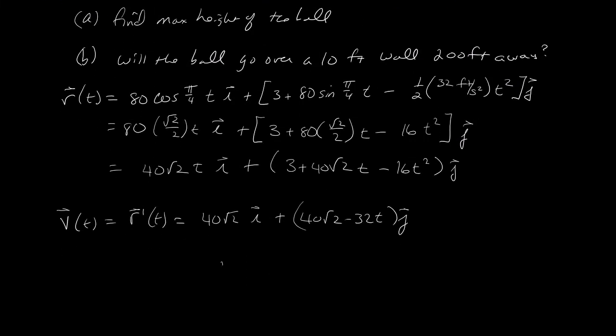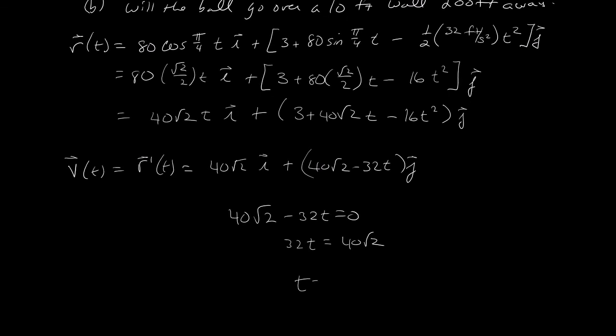So when is that vertical component equal to 0? Well, that's when 40 root 2 minus 32t is equal to 0, or when 32t is equal to 40 root 2, divide by 32, and we get 5 root 2 over 4. So that is the t value where we reach our maximum height.